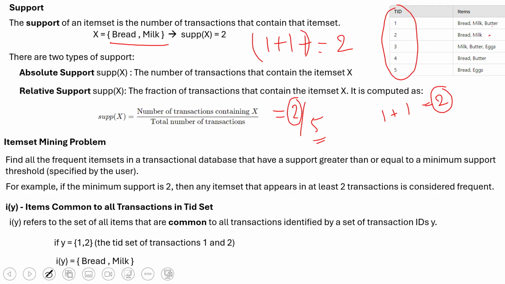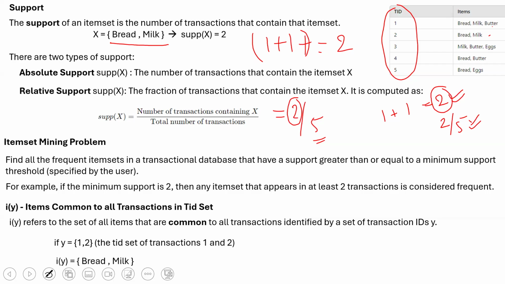That is called the relative support. What is the relative support for bread and butter? It is also 2 by 5. Absolute support is 2, relative support is 2 by 5. Relative support tells how frequent the item set is with respect to the total transactional database. That is how you calculate the support.